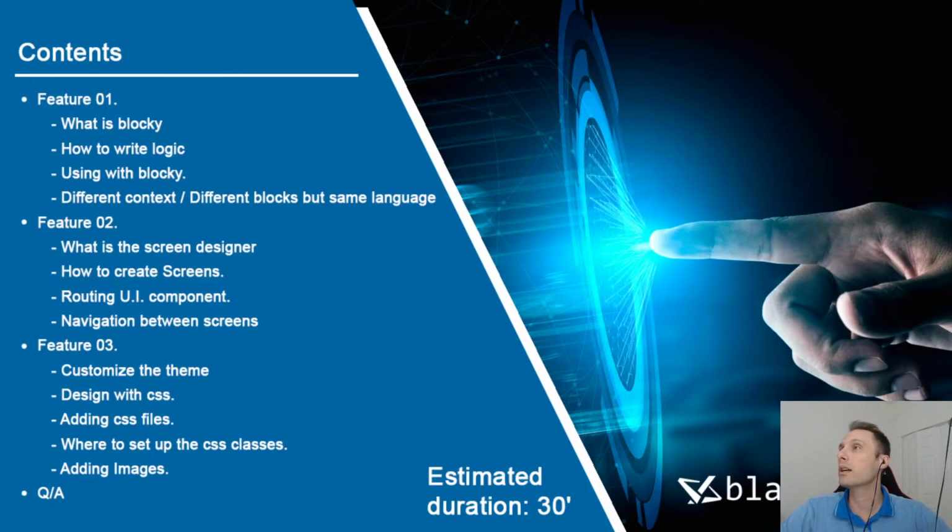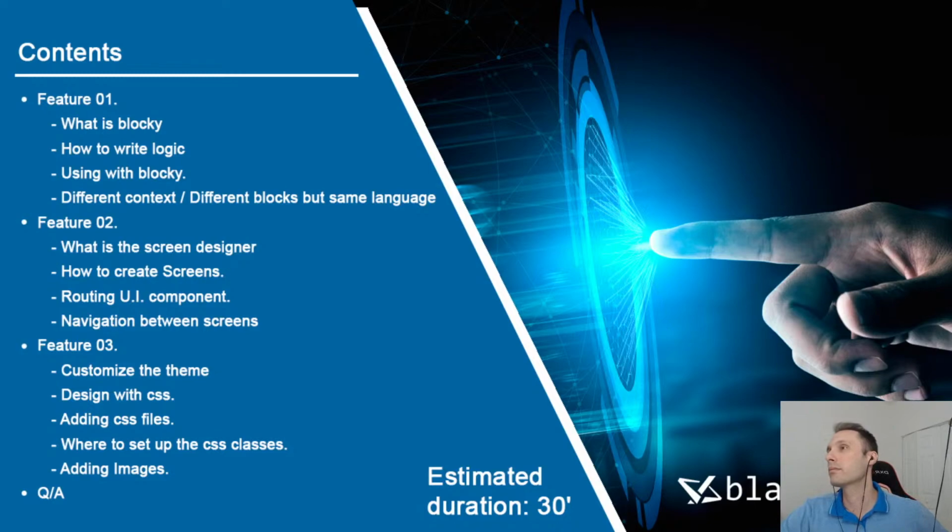And finally, we are going to do some customization on the theming of the application, so you can see how we can use CSS files and how to set up the classes and how to assign the CSS classes to the widgets in the application.